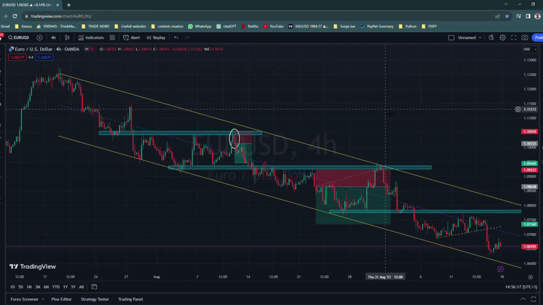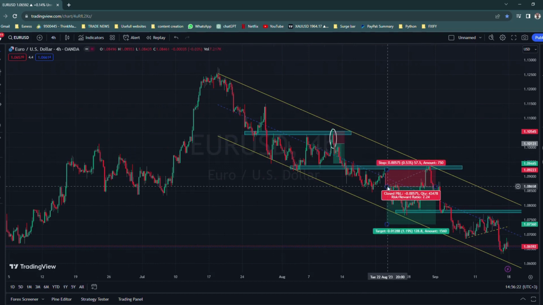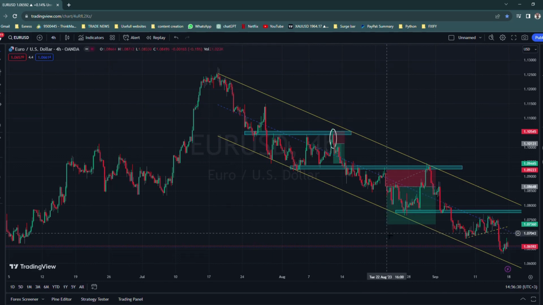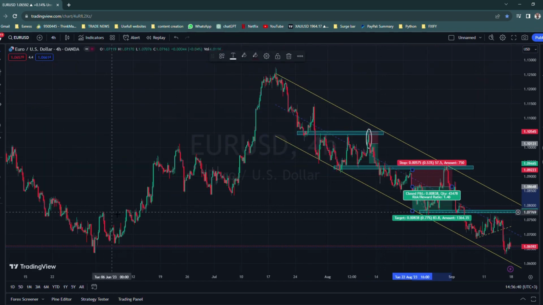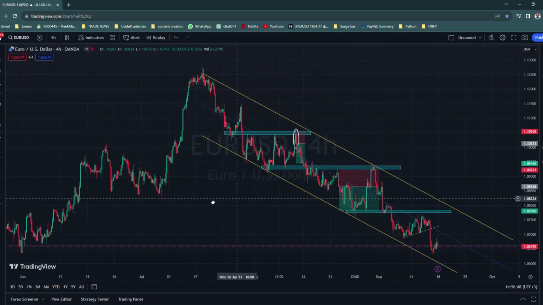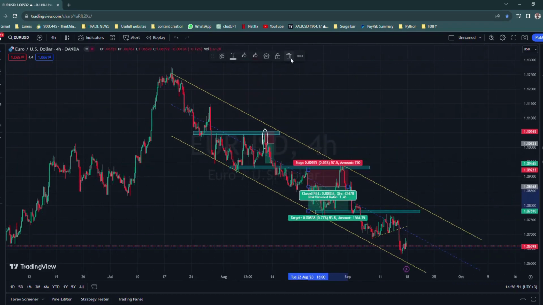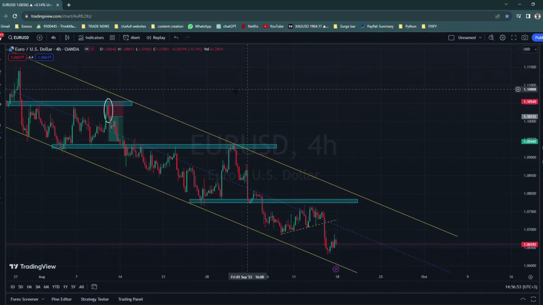If you create a setup where you don't have enough space to hit at least a 1-to-1 risk reward with the target zone, that is not a good risk to reward ratio. For example, we had a point here that could have worked as a target, and we had another point here. If this first one doesn't hit a 1-to-1, this is not a good setup to trade. So we will have to delete it and wait for another good one.